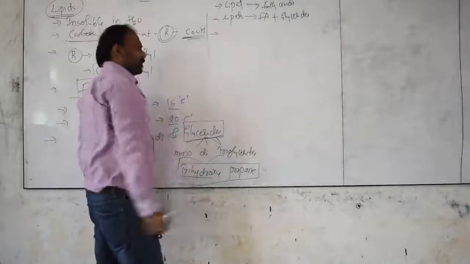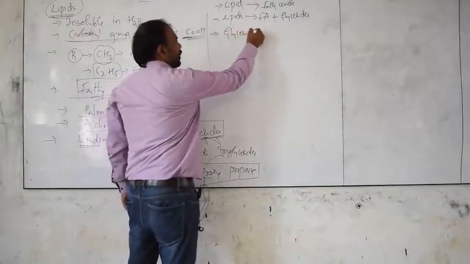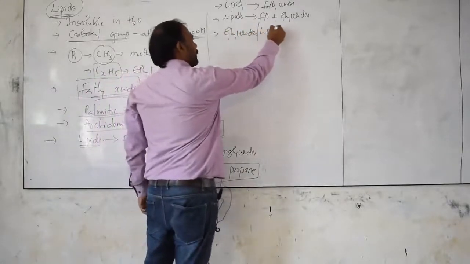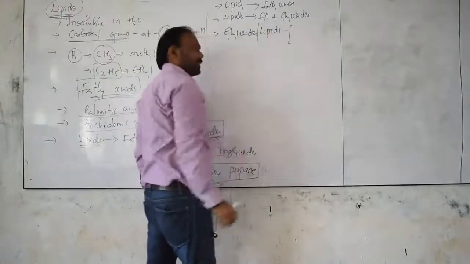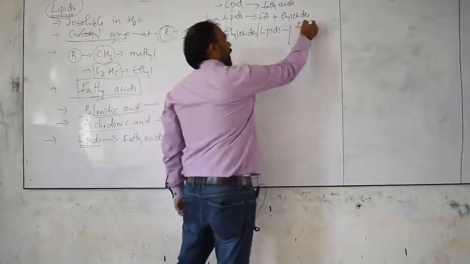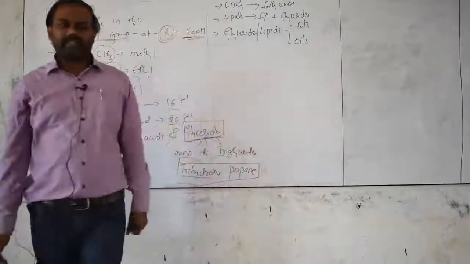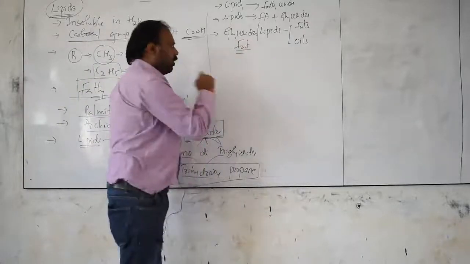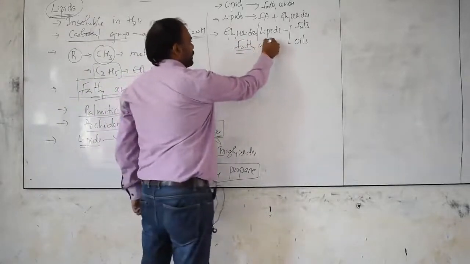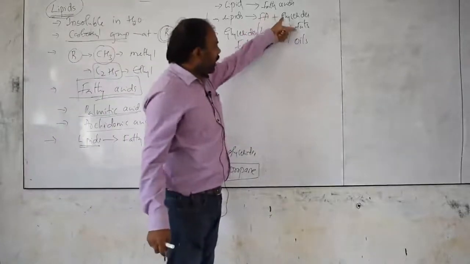At the same time, when you take glycerides, or we can take lipids, here we will have two classes: fats and oils. We have some classifications. I mean to say, when we have fat or fatty acids, there are two classifications. One is fats and oils.